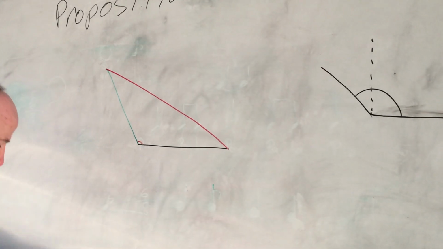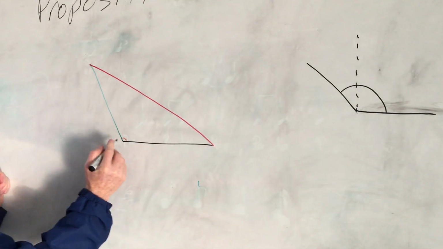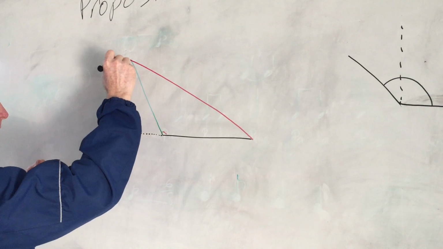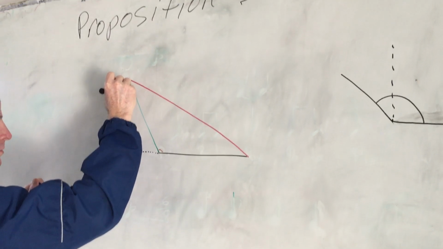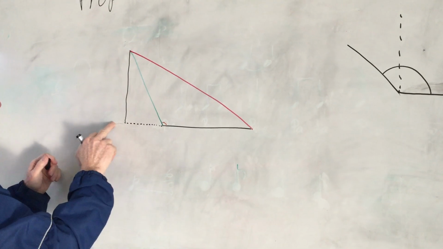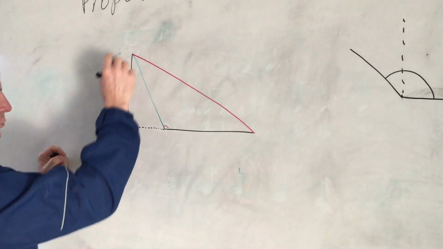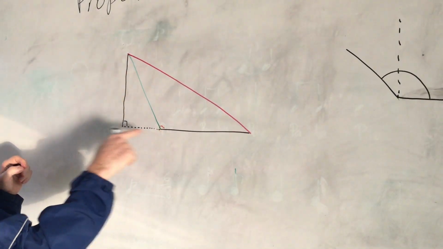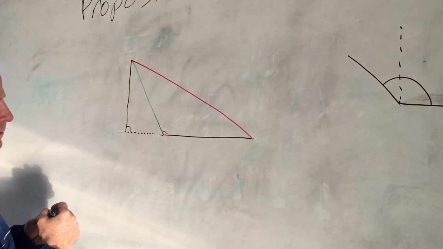So let's continue this line here, and I'll draw it straight to emphasize that that's the line produced. Now we drop the perpendicular. We know we can do that; we proved in Proposition 12 that from a point not on a straight line we can drop a perpendicular.